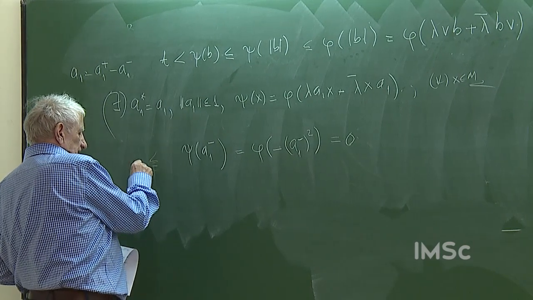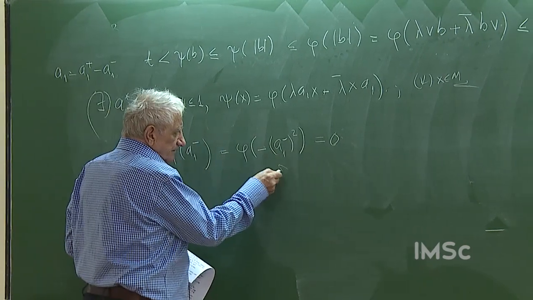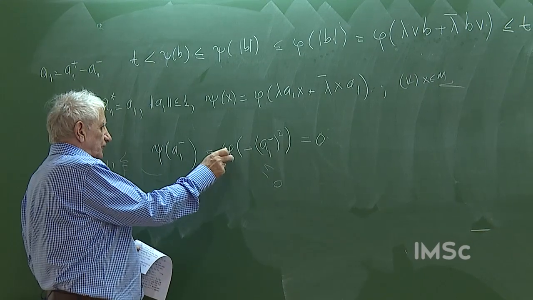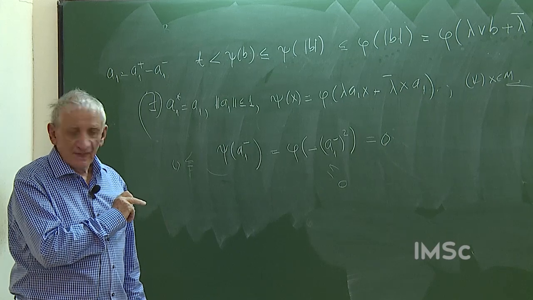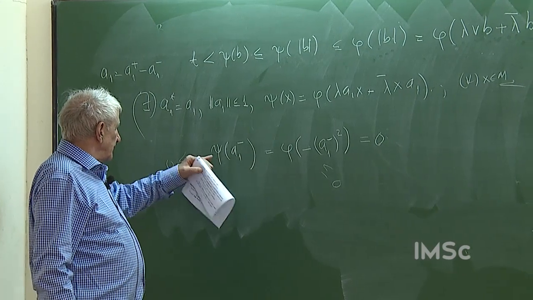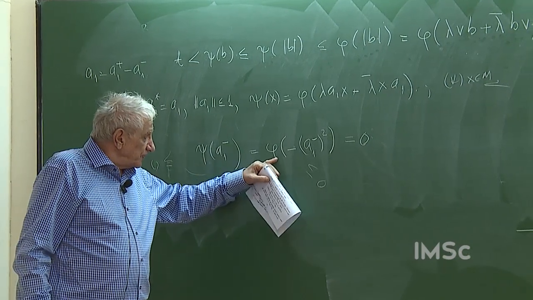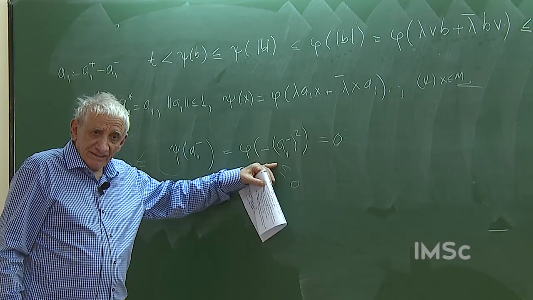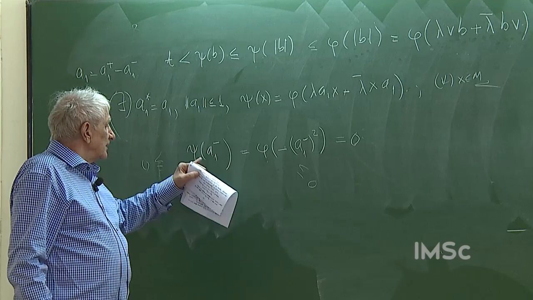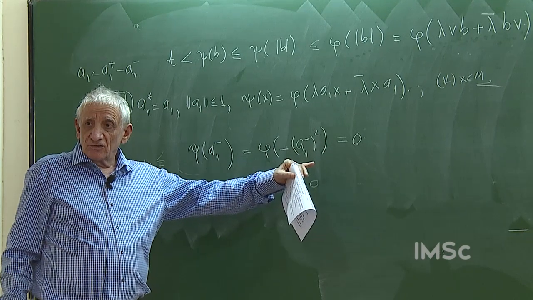Because this is bigger than 0, and this is less than 0. Psi is positive, so this is positive. Phi is positive, so this is negative. Consequently, this is equal to 0.